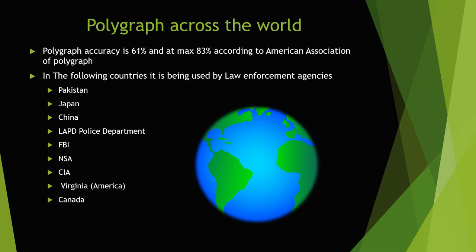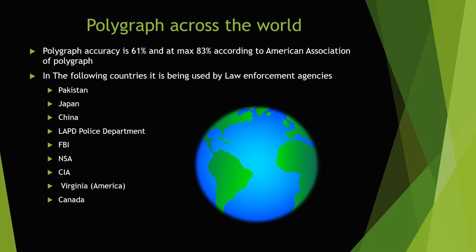If we discuss China, the polygraph test is widely used. Day by day, its use is increasing, but the Supreme Court does not accept the polygraph as evidence. So, the polygraph is not admissible in China, but admissible in Japan and admissible in Pakistan along with some other evidence.